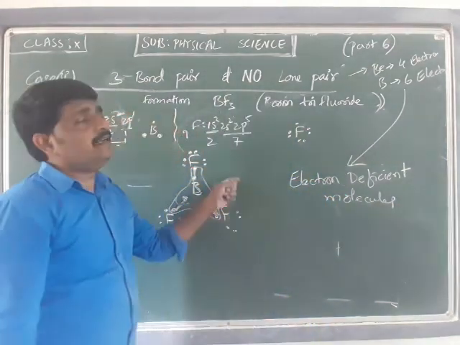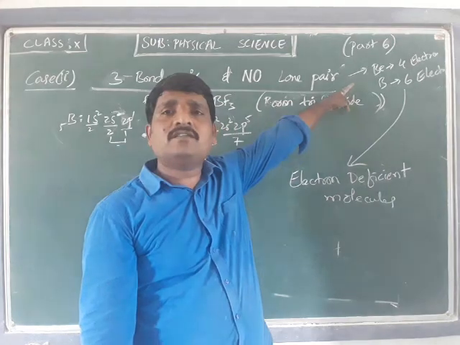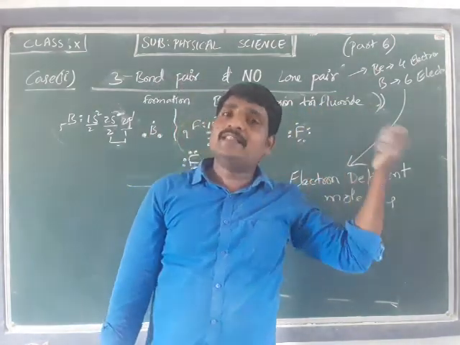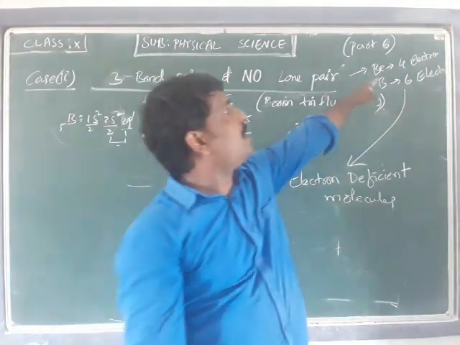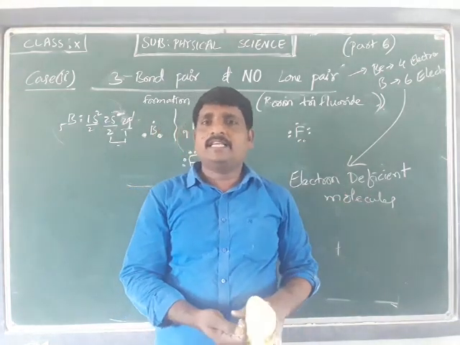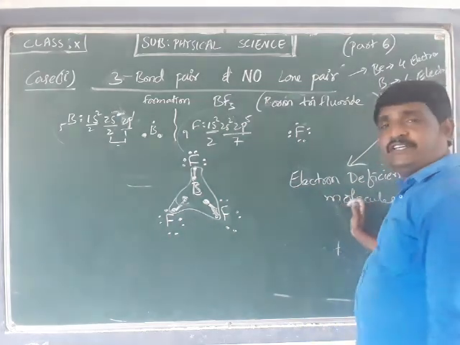This is an exception in chemistry. Even though there are 4 electrons after sharing, as per the theory they should attain an octet of 8, but they are not attaining it because there is a shortage of electrons, so they are taken as a special exceptional case and are discussed as electron deficient molecules.